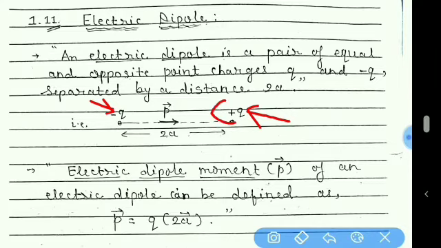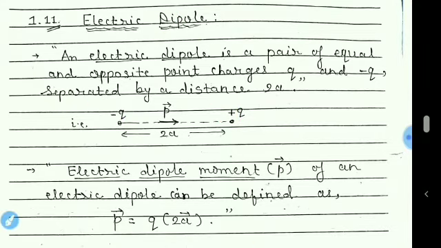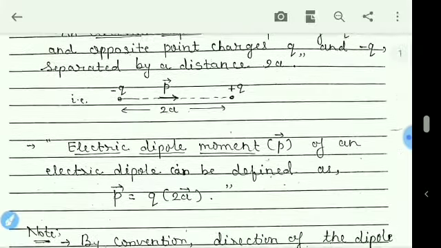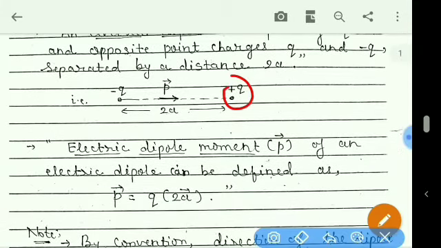One is positive and the other is negative, and that's why the word dipole is used. Di means two. So this electric dipole is a system of two opposite charges which are separated by distance 2a.